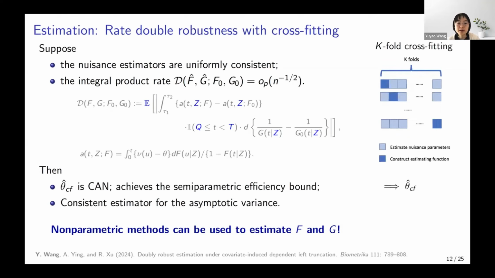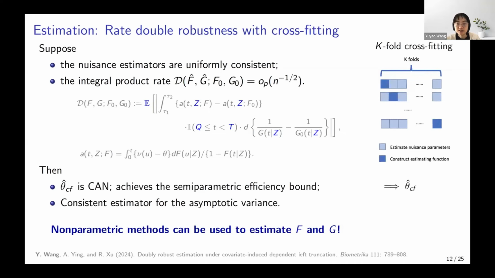So with the rate double robustness, we can incorporate non-parametric or machine learning approaches to estimate the two nuisance parameters, and we allow each of the nuisance estimates to converge arbitrarily slowly as long as the other one converges fast enough so the product rate is faster than root-n.